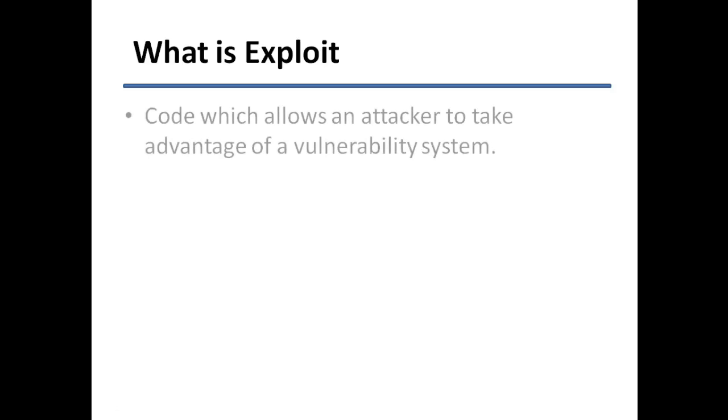What is an exploit? Well, an exploit is a code which allows an attacker to take advantage of a vulnerable system. If we find a vulnerability in a computer system, then we're going to exploit that vulnerability. An exploit is a kind of code we're going to use to actually hack in and take advantage of that vulnerability.